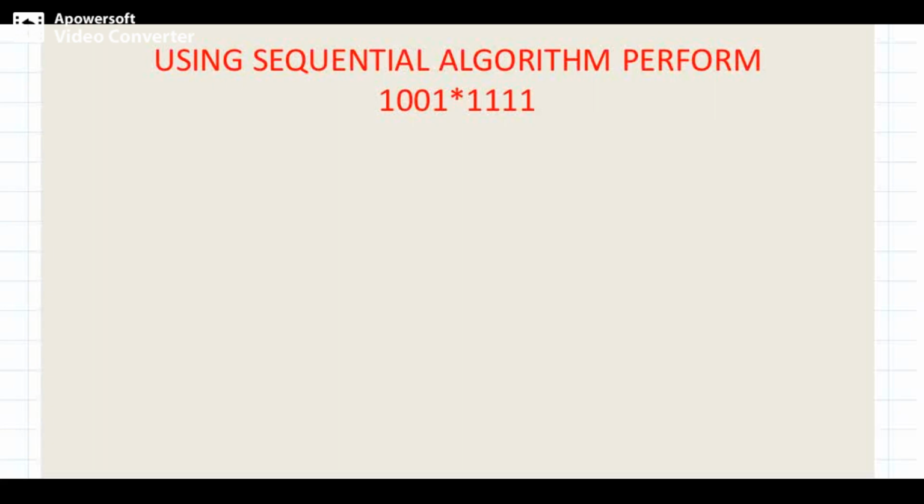So now I'll consider M equal to 1, 0, 0, 1, that means plus 9, and Q equal to 1, 1, 1, 1, that means plus 15.